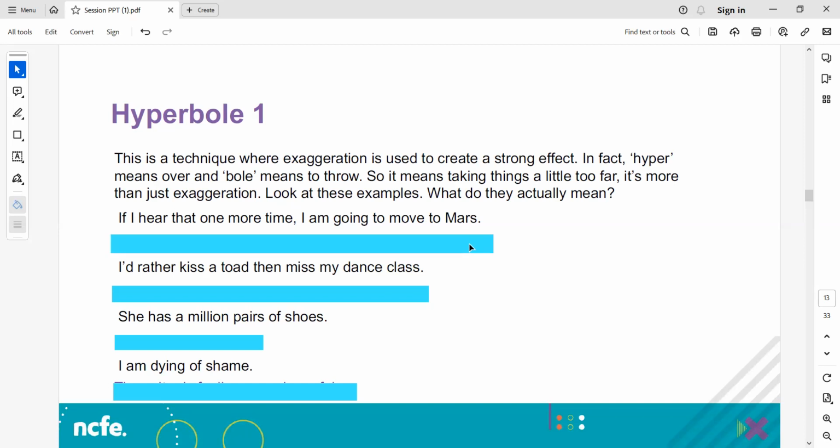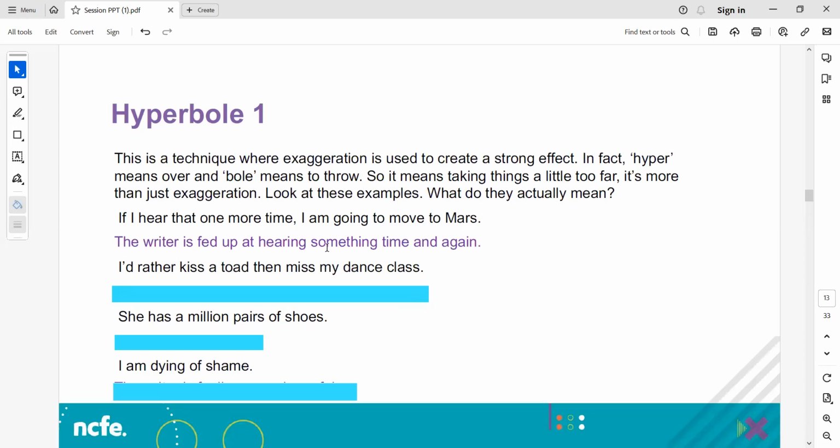Thinking about the one about tidying the bedroom, it's the sort of thing perhaps a parent might say to a child if they keep moaning or keep repeating the same question: can I have this, can I have this? If I hear that one more time, I'm going to move to Mars. So the writer is fed up at hearing something time and time again. Well done.